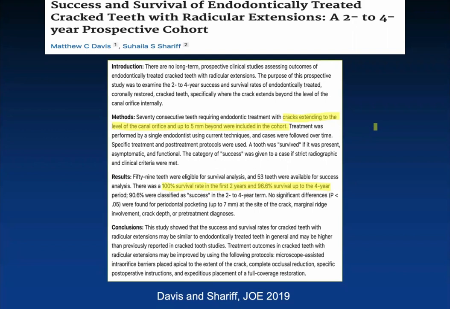They did the study up to 4 years and they found there is 100% survival in the first 2 years, 96.6% up to 4 years. Overall, 90% success between 2 to 4 years if you have a crack that extends up to the orifice level. So it extends deep inside the crown, but it stops at the orifice.